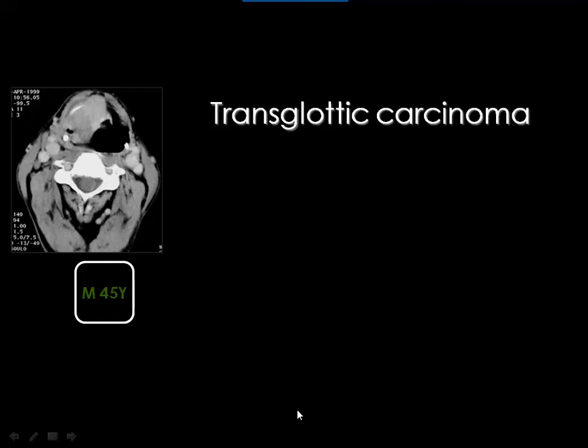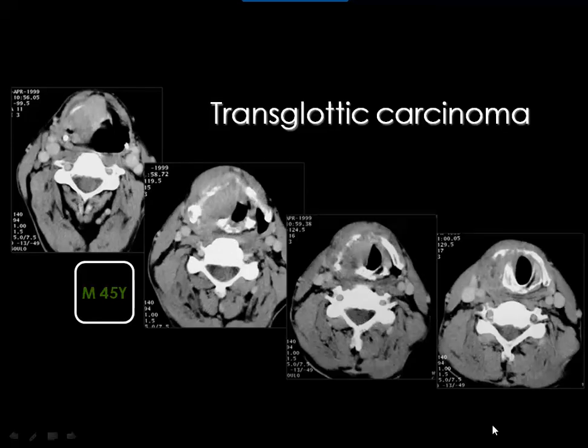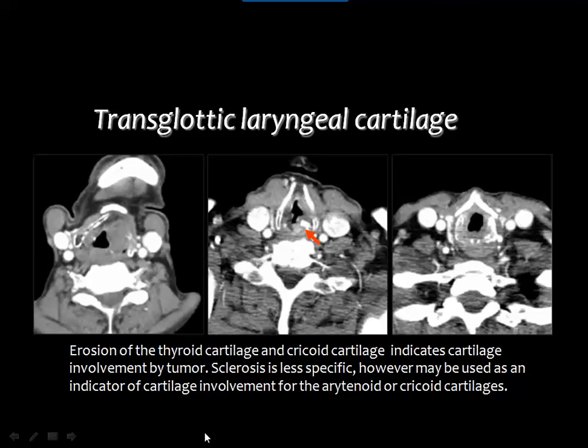Then there is an extensive type of laryngeal cancer which is known as the transglottic carcinoma, starting from the supraglottic area, passing by the glottic region, ending by the subglottic area. And this is an extensive type which is known as the transglottic laryngeal cancer.